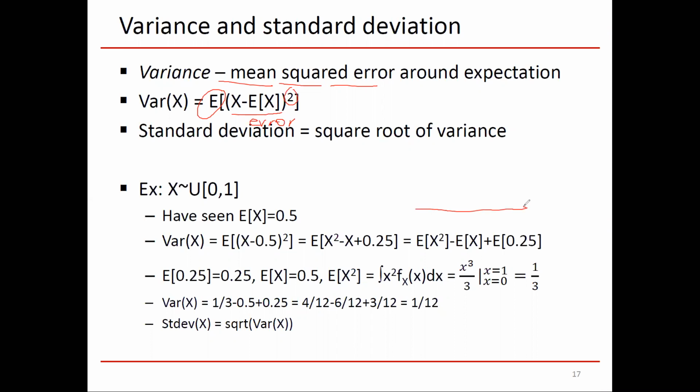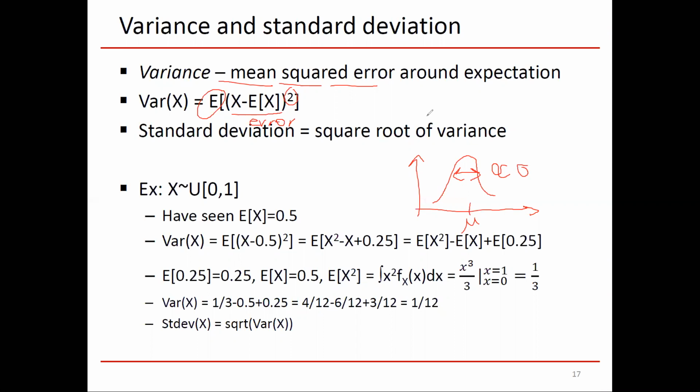So for example, earlier, when I sketched a Gaussian distribution, and this was mu, the average, then the width of the lobe is proportional to sigma, not sigma squared, but sigma.